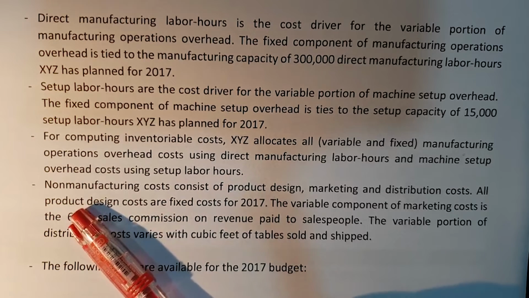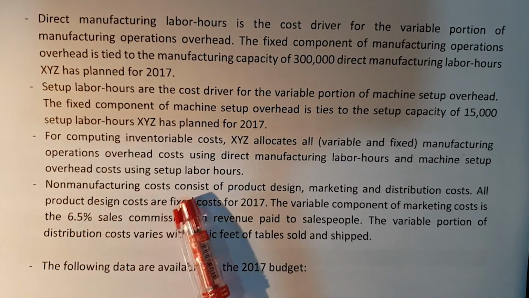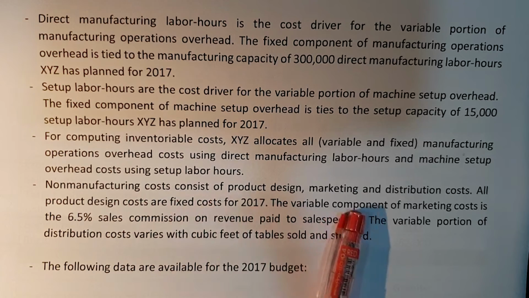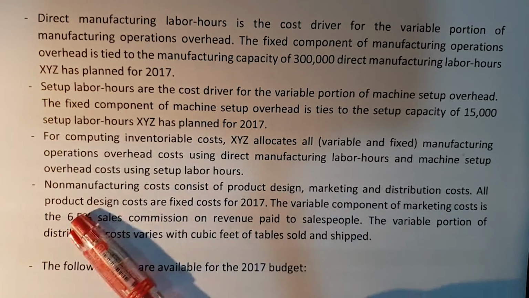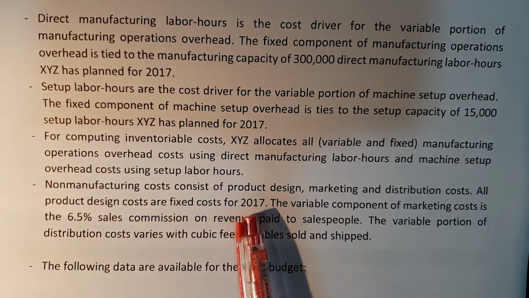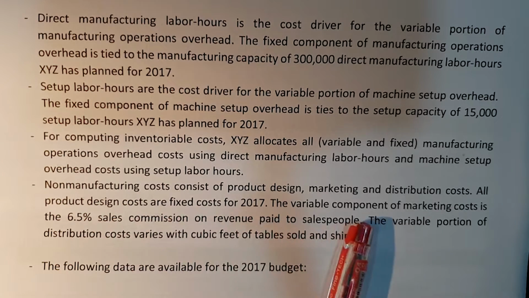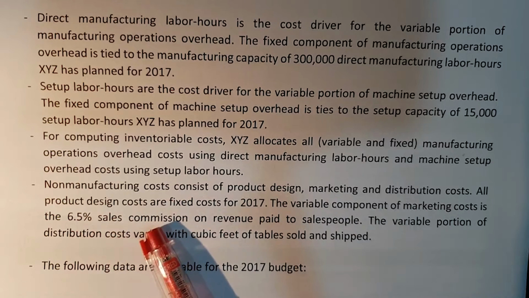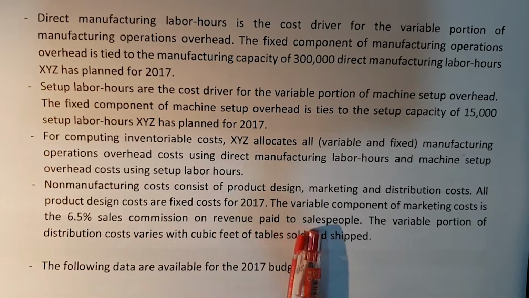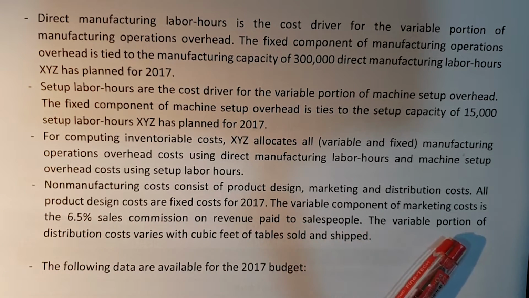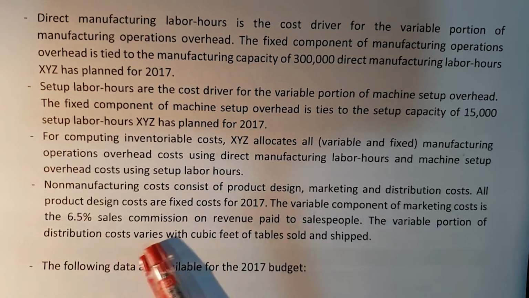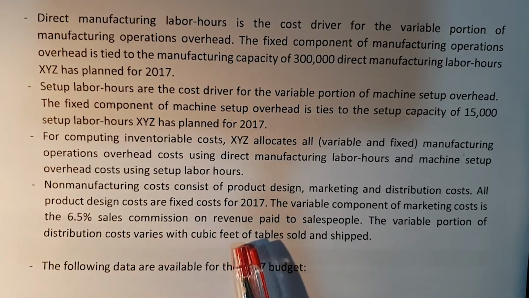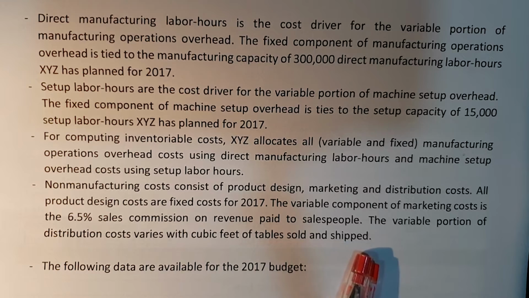Other information includes non-manufacturing costs, which consist of product design, marketing, and distribution costs. All product design costs are fixed costs for 2017. The variable component of marketing costs is the 6.5% sales commission on revenue paid to salespersons. The variable portion of distribution cost varies with the cubic feet of tables sold and shipped.